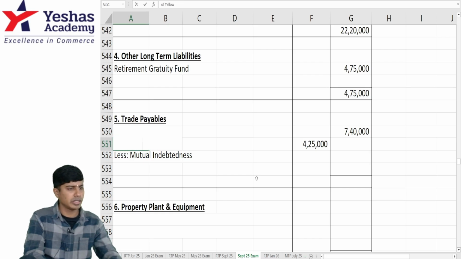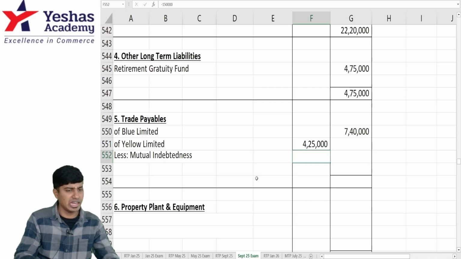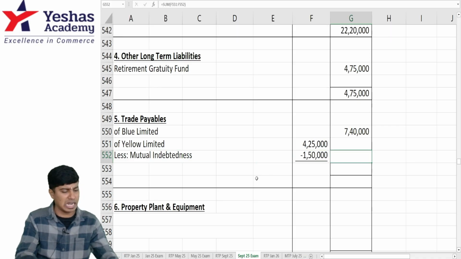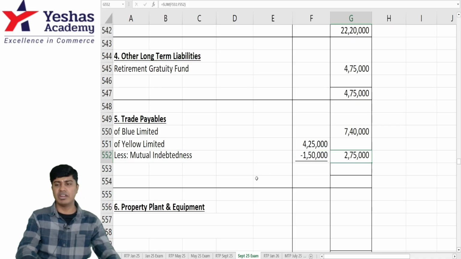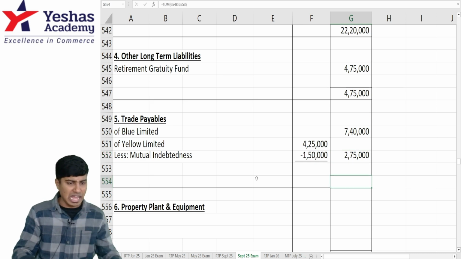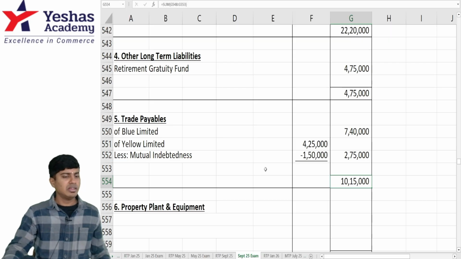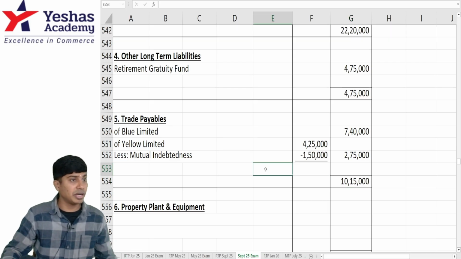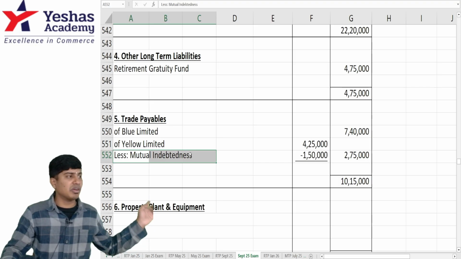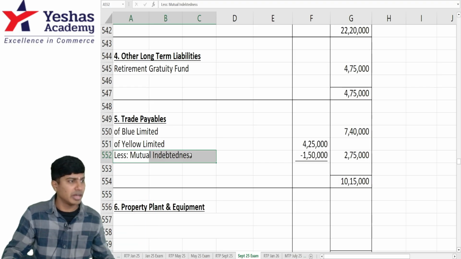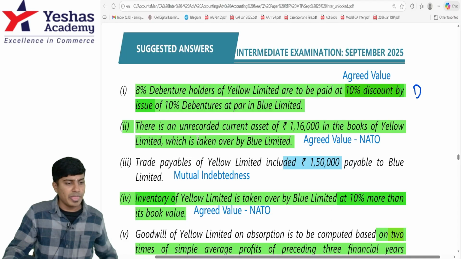Of Yellow Limited, 4,25,000. I eliminated mutual indebtedness of 1,50,000 to take 2,75,000 in the outer column. Now add 7,40,000 plus 2,75,000. We get 10,50,000. Everybody got this? This has to be eliminated from trade receivables also. I hope everybody understood. Then come back.